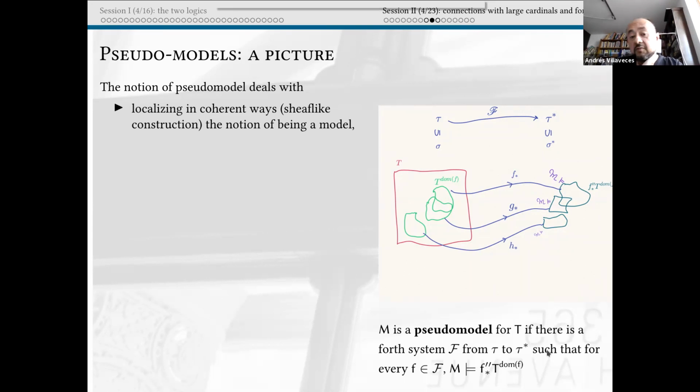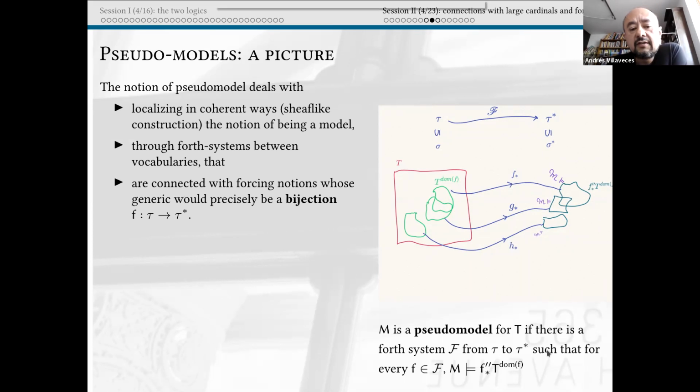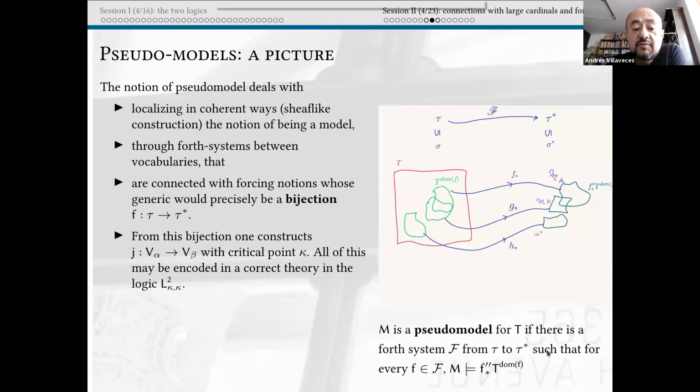So the notion of a pseudo model deals with localizing in coherent ways, like a sheaf-like construction, the notion of being a model, through forth systems between vocabularies, as we saw, that are connected with forcing notions whose generic would precisely be a bijection from tau into tau star. And from this bijection, one constructs actually embeddings in the forcing extension from V alpha to V beta.